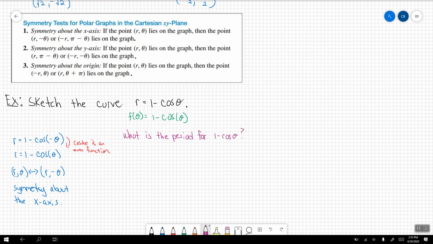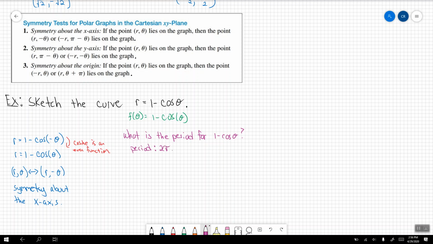To answer this, we have to go back to trig. Trig tells us that if we're graphing 1 minus cosine theta, then because theta is not being multiplied by any specific number other than 1, this is going to have a period of 2 pi. So one period is 2 pi.